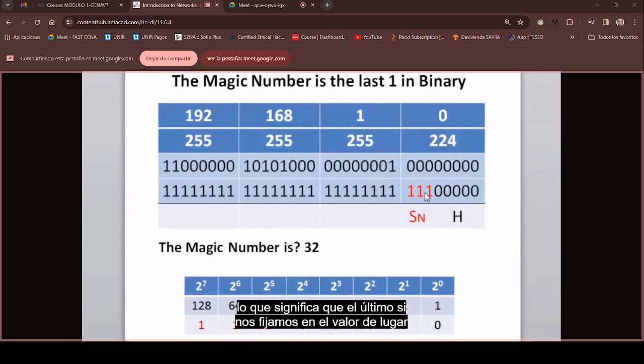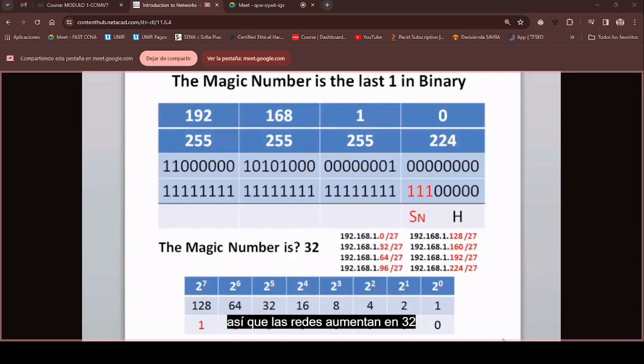Meaning that the last one, if we look at the place value of the 8-bit grouping, the last one in this case is in the 32's place, so the networks go up by 32. Starting with the 0 network, we have the 32 network, then the 64, 96, 128, and so forth, but the networks go up by 32.